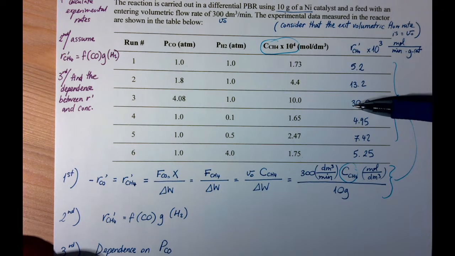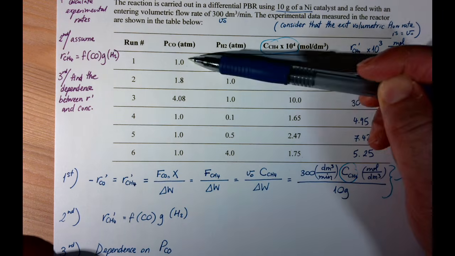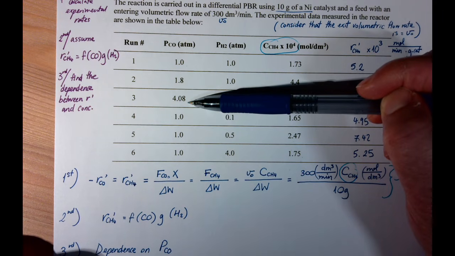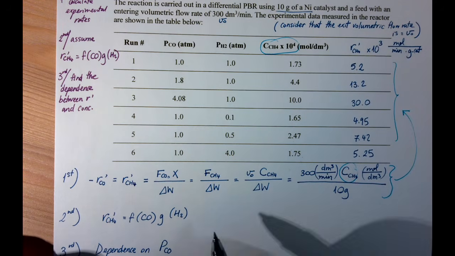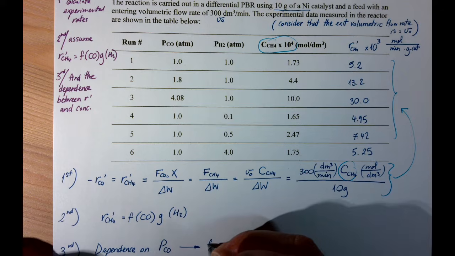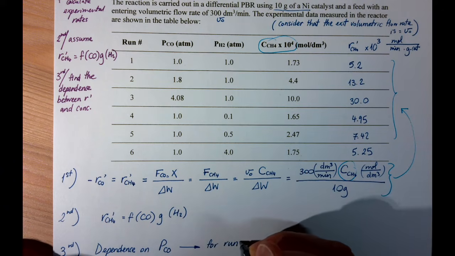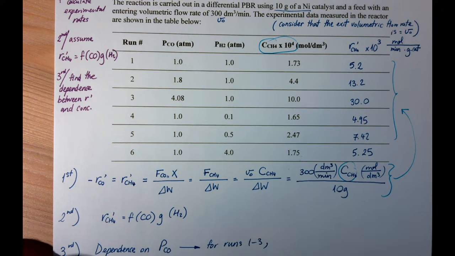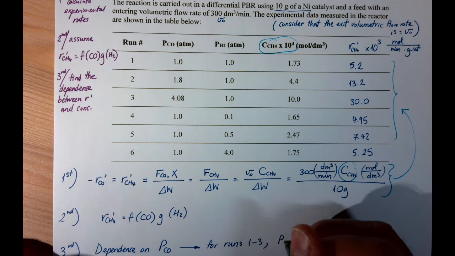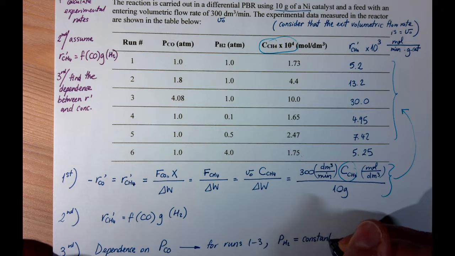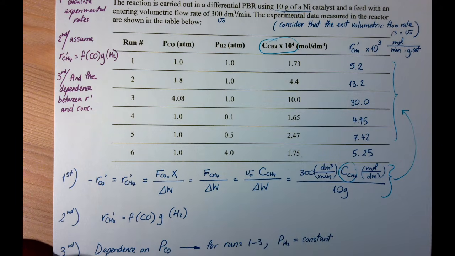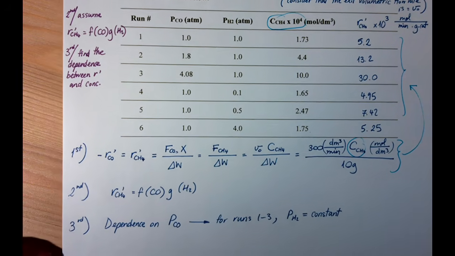So now we want to see how this rate changes when I vary this. For runs 1 to 3, pH is constant. That does not change. But the rate does change because the partial pressure of CO is changing.